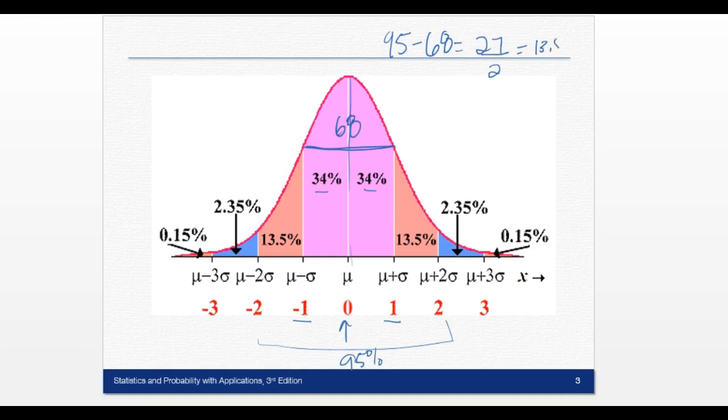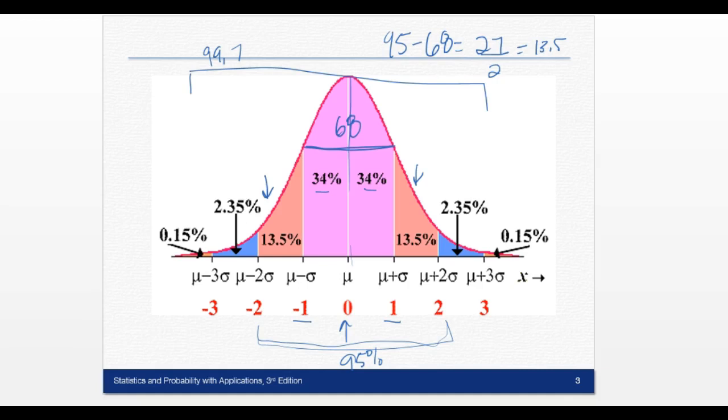So 13.5 is that little bitty area right there between 1 and 2 standard deviations. All right? Still, the total area from 2 standard deviations out is 95. Now again, we go one more standard deviation out to 3, and we have 99.7% of all observations within 3 standard deviations.